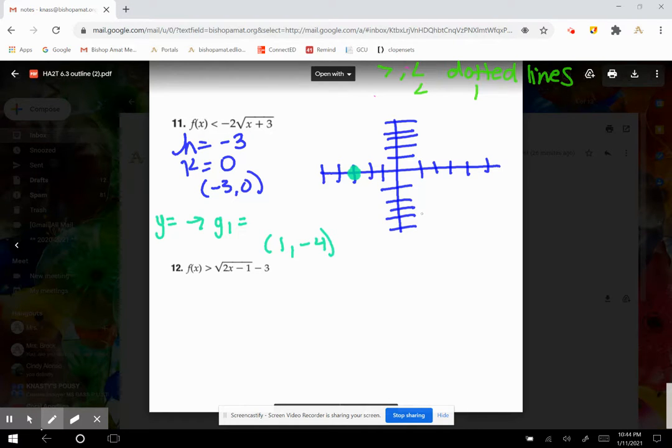So 1, -4. And it's less than, so we need a dotted line, and then you're going to shade below the line, which is down here. And that's my answer. And that's the lecture for 6.3.